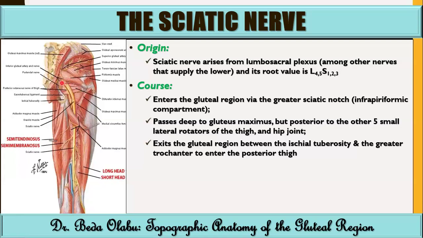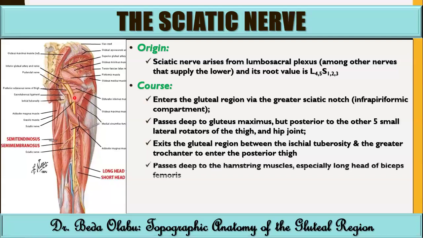This shows you the sciatic nerve as it enters the thigh, midpoint between the ischial tuberosity and greater trochanter. After exiting the gluteal region, it enters the thigh deep to the hamstring muscles, and especially the long head of biceps femoris, which crosses it, as you can see here.